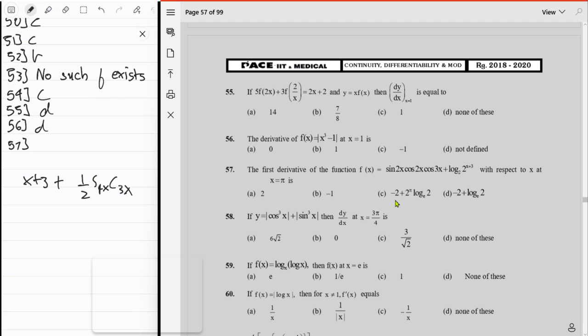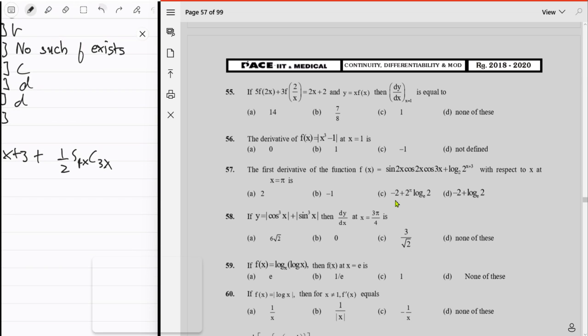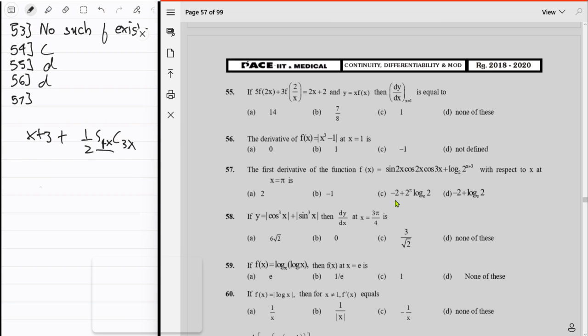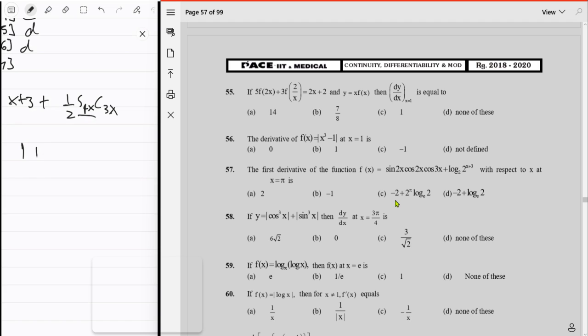So at x equal to pi, this actually just becomes 0, and this becomes cosine of 3 pi, which is just negative 1. When you take the derivative of this guy, that will be gone, but when you take the derivative of that guy, it won't be gone. You just have 1 from this thing, then plus 1 upon 2 times 4, because you're taking the derivative of that guy, and you have cosine of 4x and then cosine of 3x.